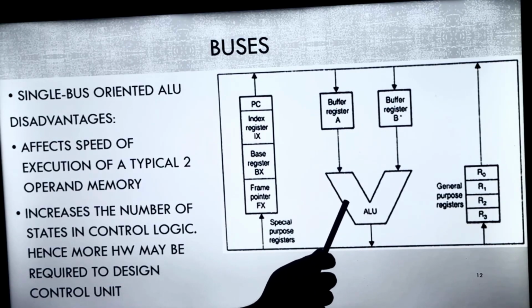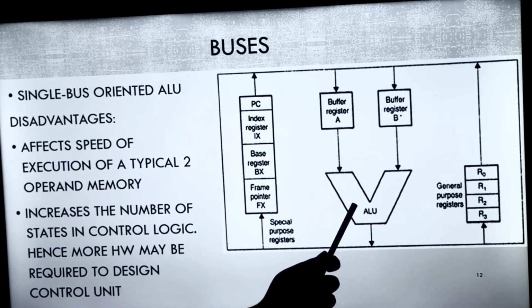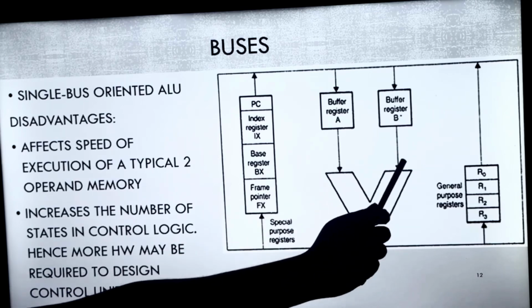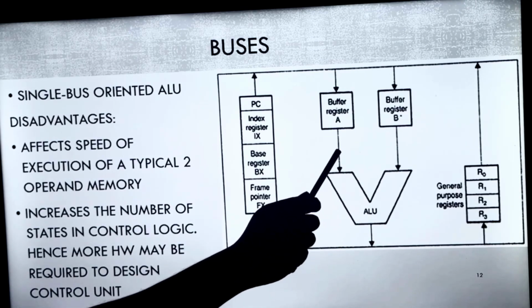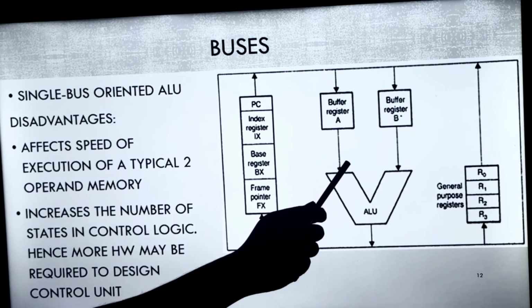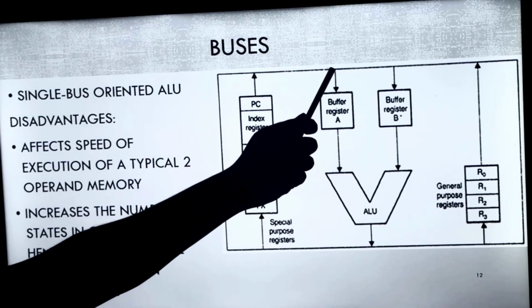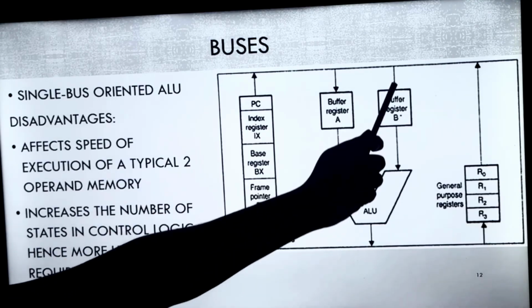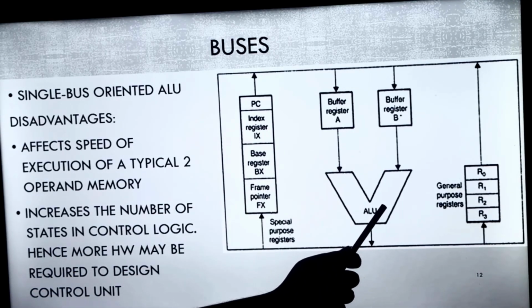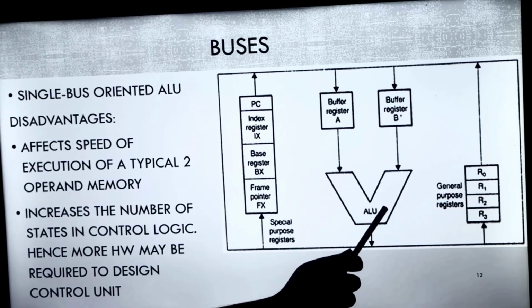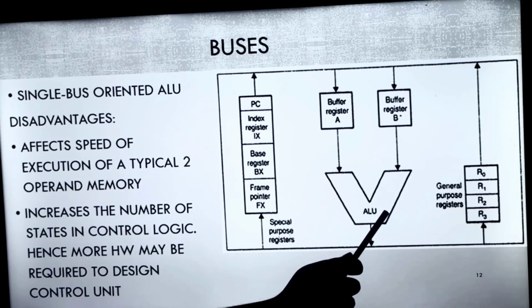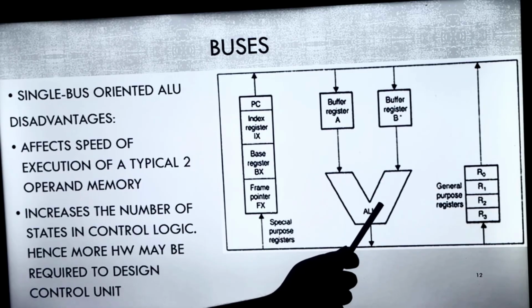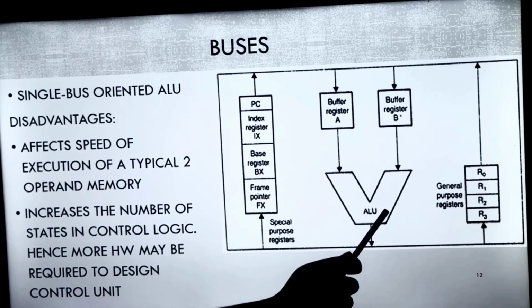So in one clock cycle I am getting A in ALU. In the next clock cycle I will get B. I cannot have A and B together because I have only one wire, right? Only one data can be sent at the same time. So in one clock cycle I am getting A, in second clock cycle I am getting B. Now to perform A equals to A plus B, this is a very simple math for computer, right? I cannot say that it will take one clock cycle.